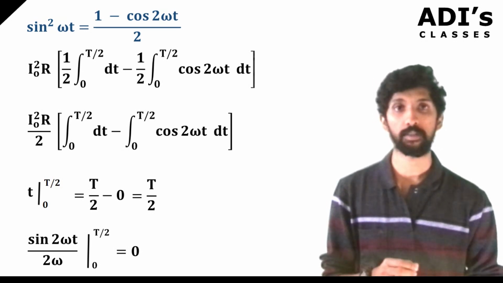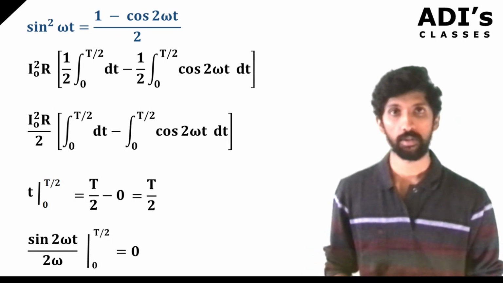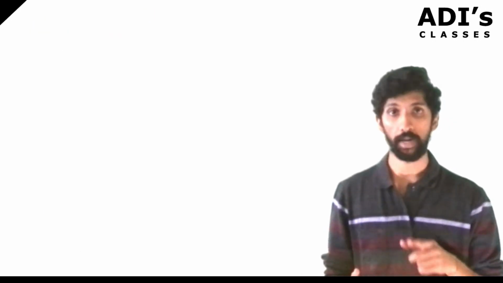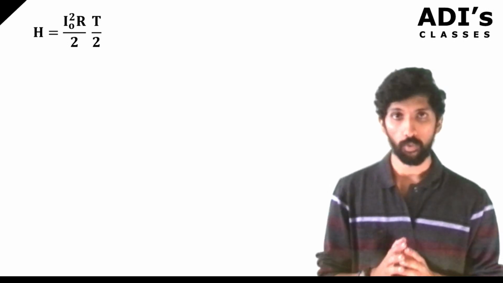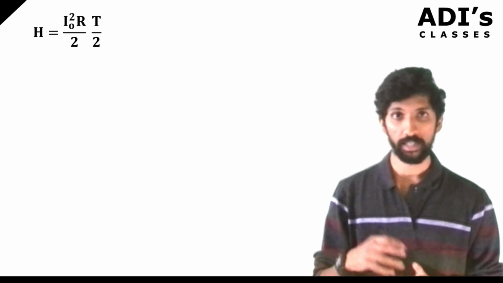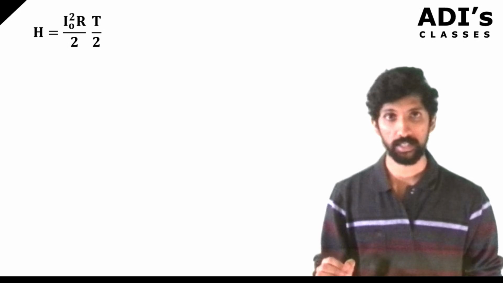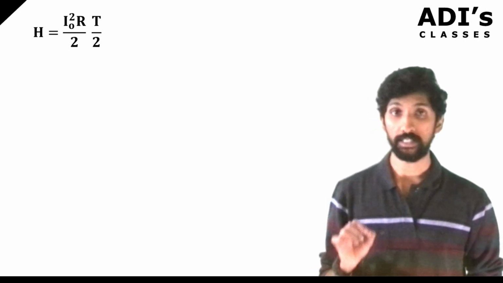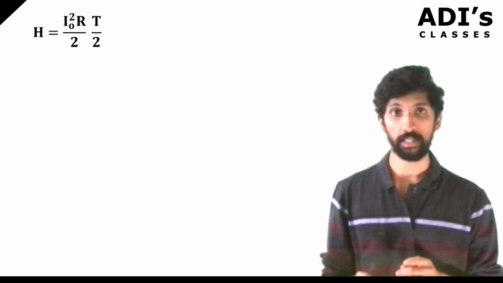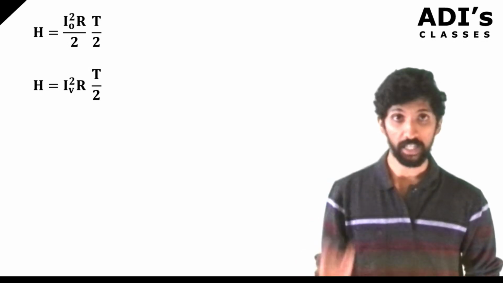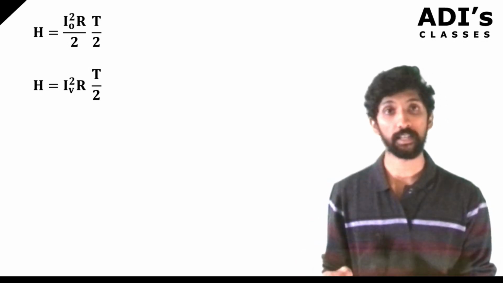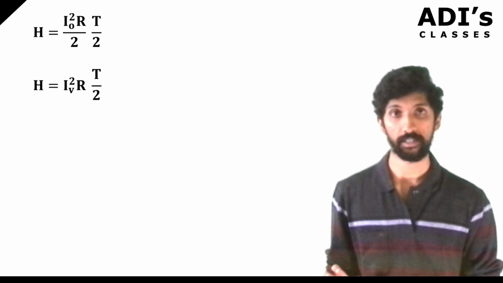So the final answer is H = I0² R/2 × T/2. This is the heat produced by half a cycle of an alternating current.